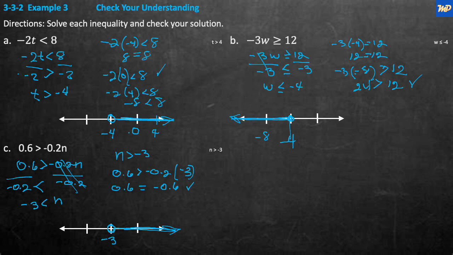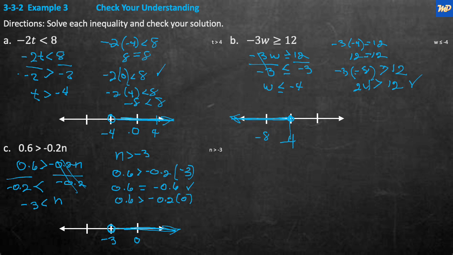So now let's pick a value that's in here, and we're going to go with 0 again. I like 0. Is 0.6 greater than negative 0.2 times 0?